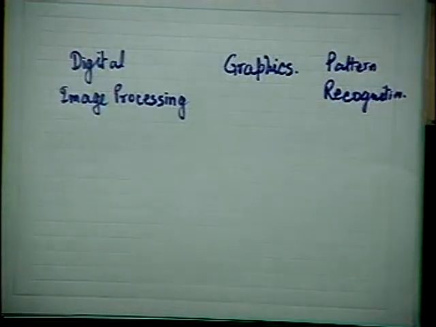In digital image processing, we take an image as an input, and then we do some processing on that image. The question is, why are we doing processing? It could be that we are trying to improve upon some specific features of the image, or it may be that our intention is to extract some specific features.